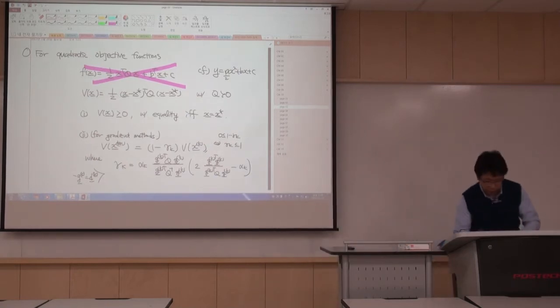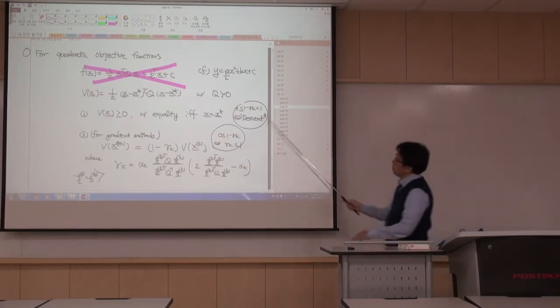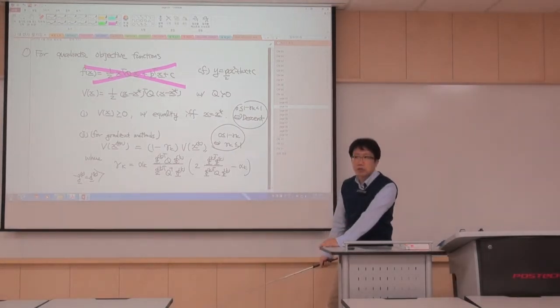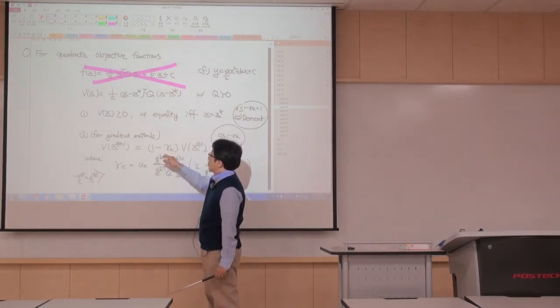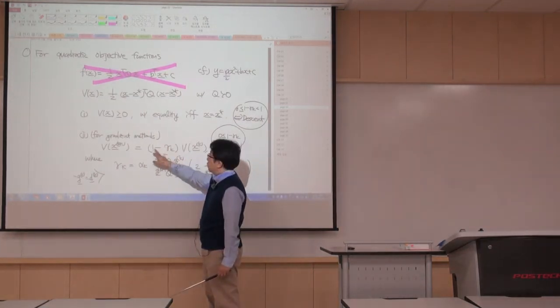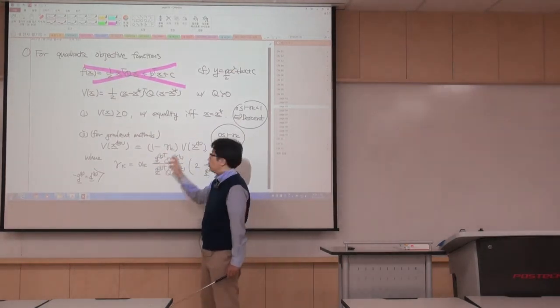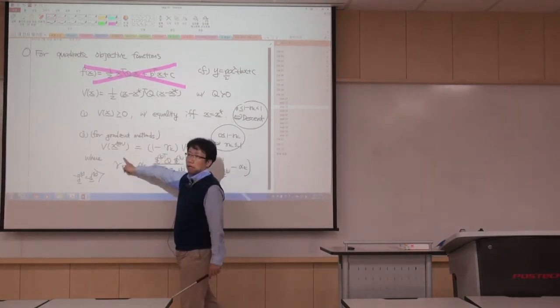That is the first case. The second case: gamma sub k can be a negative number for some k and for some algorithm. Then 1 minus gamma sub k may be greater than 1. What does that mean? You do not have the descent property satisfied at the kth iteration.